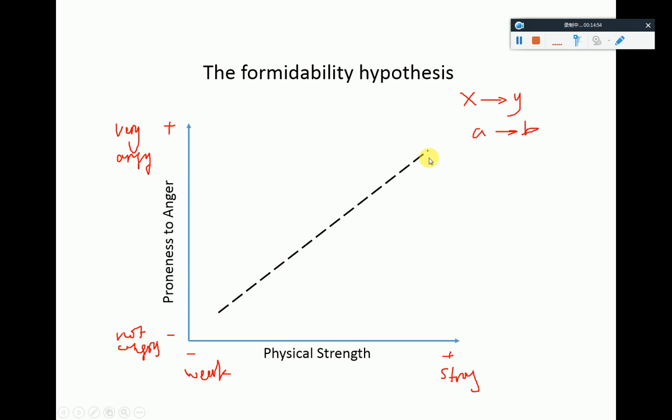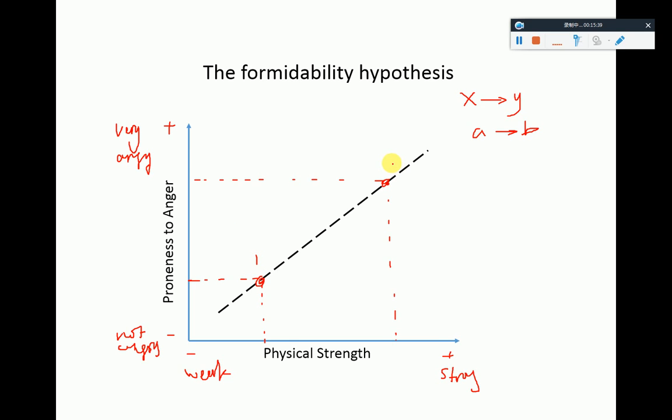Therefore, it means if we randomly pick 2 points on this scale, say this point 1 and this point 2, we shall be able to immediately see why this line makes sense, because this point represents someone who is this much strong and about this much prone to anger, whereas this point represents someone who is this much strong and this much prone to anger.